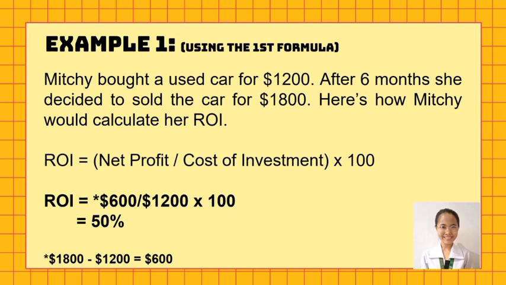Mitch bought the car for only $1,200 and sold it for $1,800. Therefore, her net profit is $600, divided by the $1,200 cost of investment, multiplied by 100. Mitch's ROI is equal to 50%.